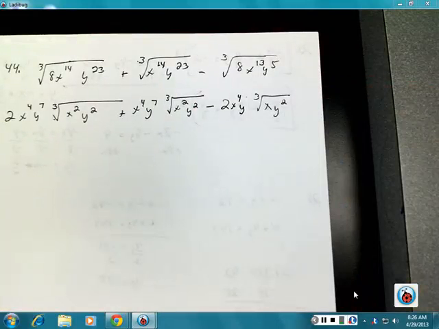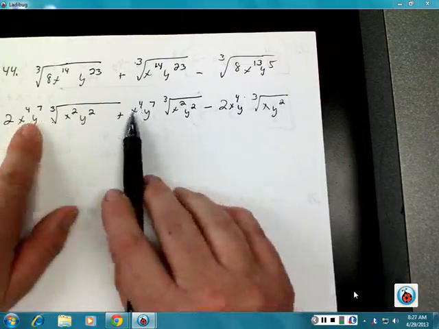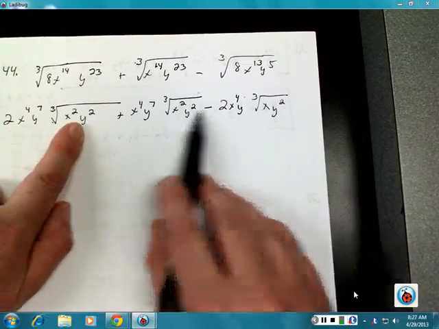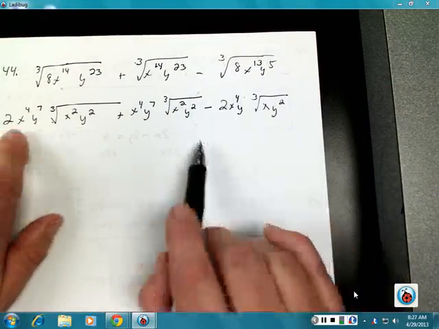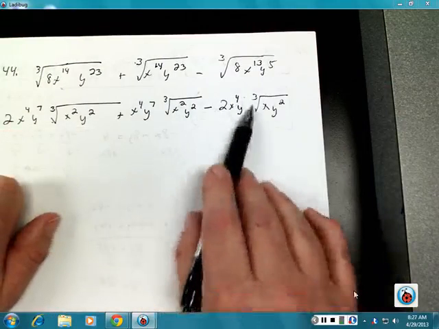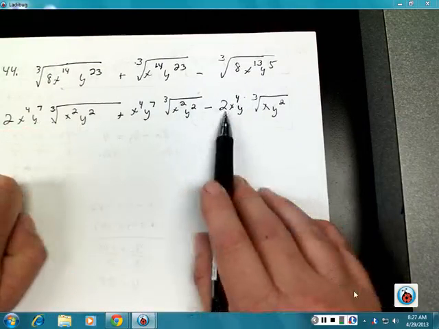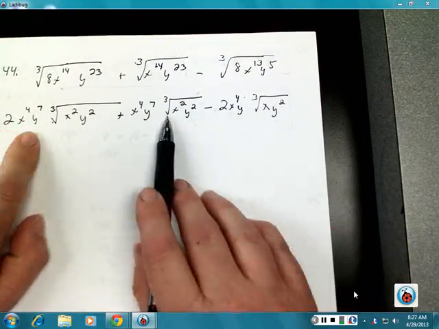So now I have to go back and look at this and say, can I put any of this together? Now to put it together, what has to happen? Everything here has to match, and everything under here has to match, okay? If I look at this one, does it match anything? No, but these two match each other.